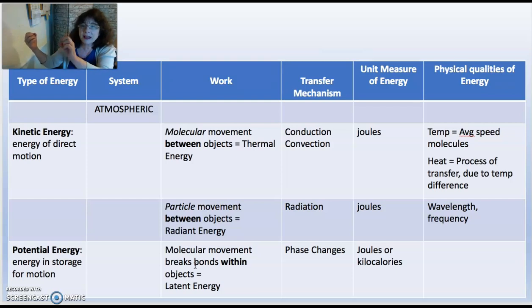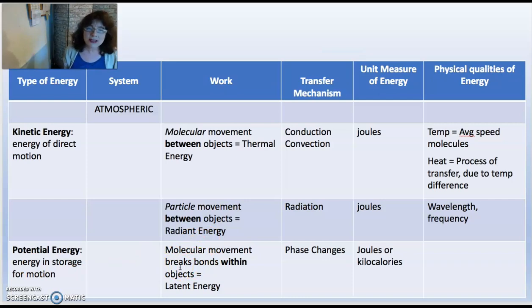The bonds in the liquid are fluid, but still very strong and very difficult to break. The bonds in vapor barely exist, and the lack of intermolecular bonds allows gases to move all over the place as a result. So when we talk about potential atmospheric energy, we talk about breaking bonds within water.